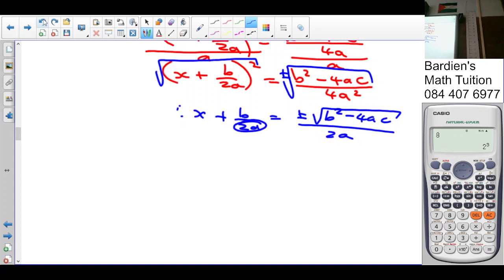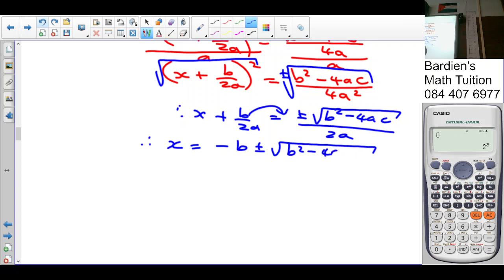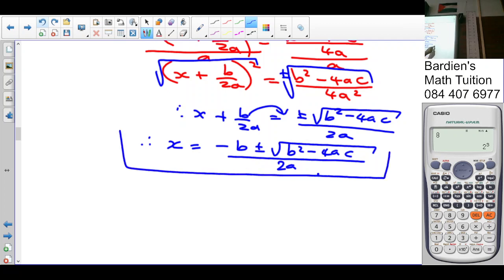You can bring this over on the same base, with the same denominator. Therefore x is equal to minus b, as we're taking that over the equal sign it becomes negative, plus minus the square root of b squared minus 4ac over 2a. And that is the quadratic formula.